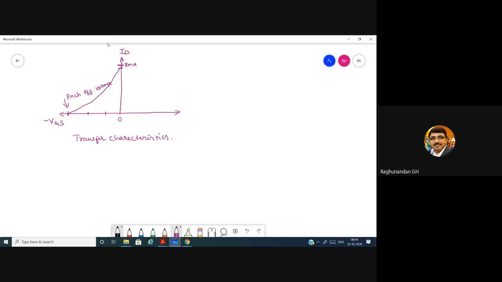Any chance of additionally increasing the drain current? Okay. Now, in MOSFET, is there any chance of additionally increasing the drain current?